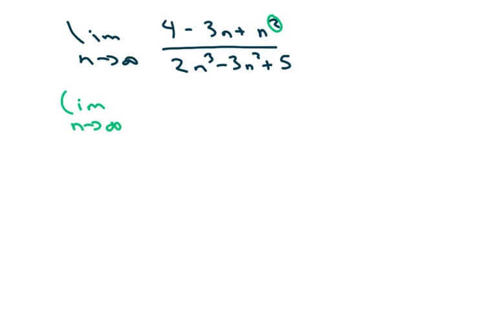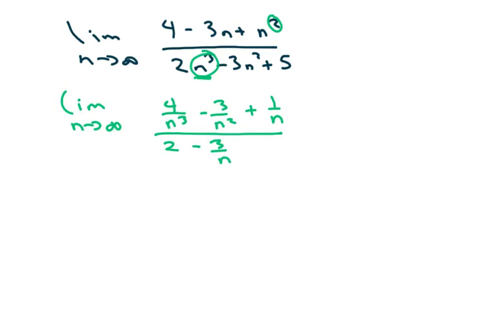My highest is what? This one. So let's divide everything by the highest power. That's going to be 4 over n cubed minus 3 over n squared plus 1 over n, divided by 2, because that will divide out, minus 3 over n plus 5 over n cubed.